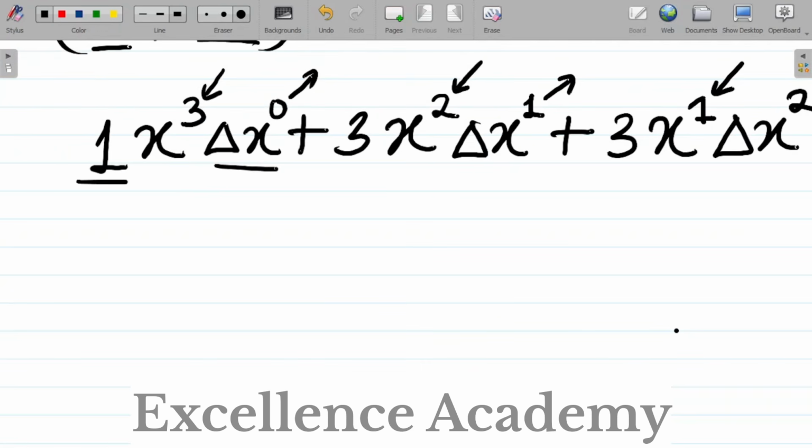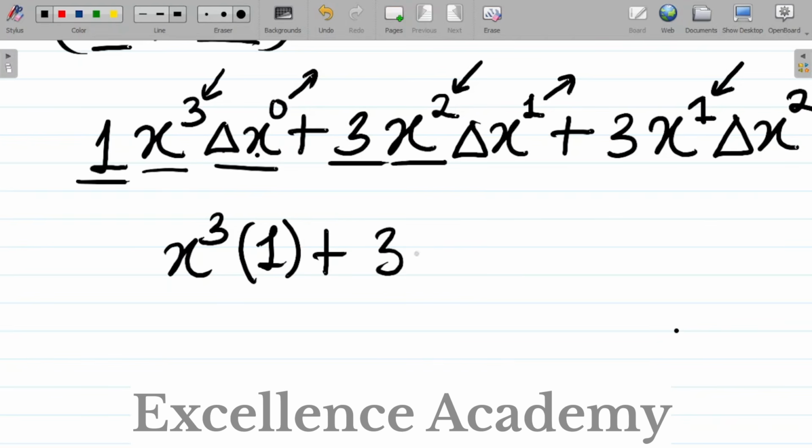Simplifying this, 1 times x cubed gives you x cubed. Change in x to power 0, anything to power 0 gives you 1. So I have this as 1 plus 3 times x squared gives you 3x squared. Then change in x to power 1 gives you change in x, plus proceeding.